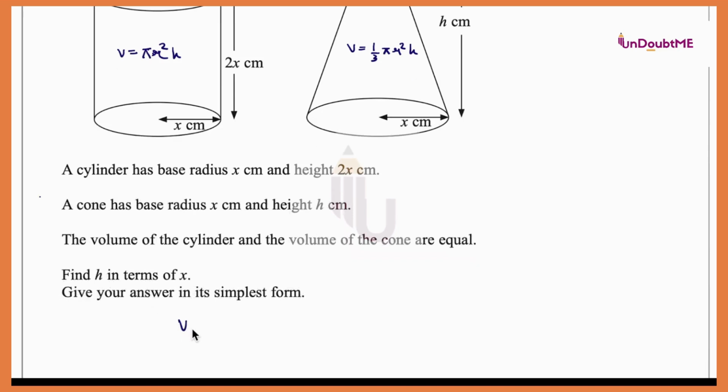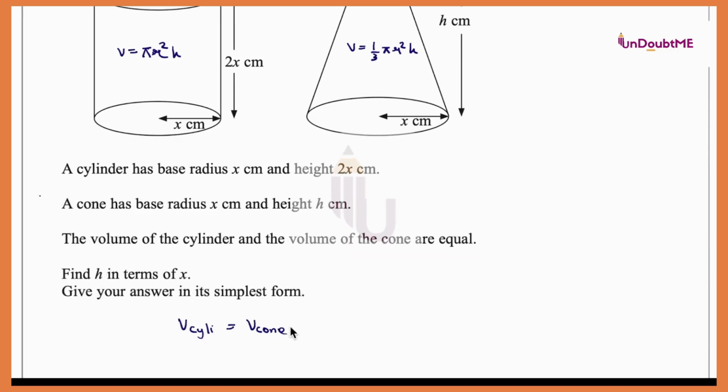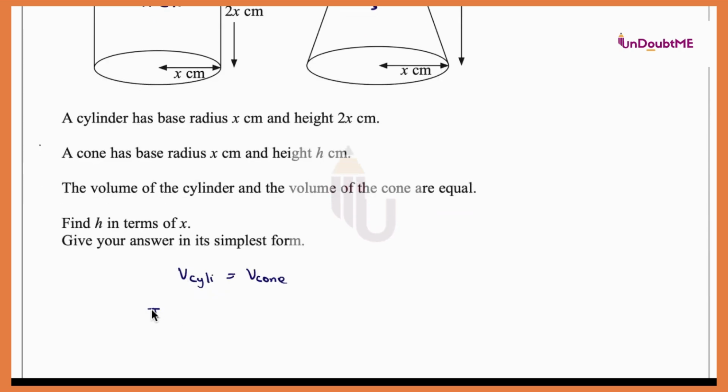So it is given that volume of cylinder is equal to volume of cone, means pi x square h, h means 2x. On the other side, 1/3 pi x square times h.